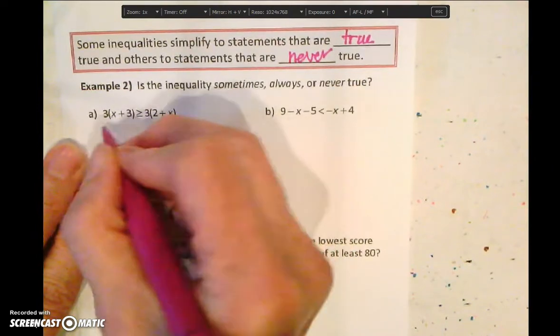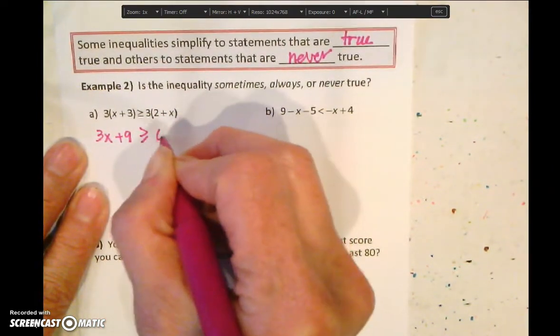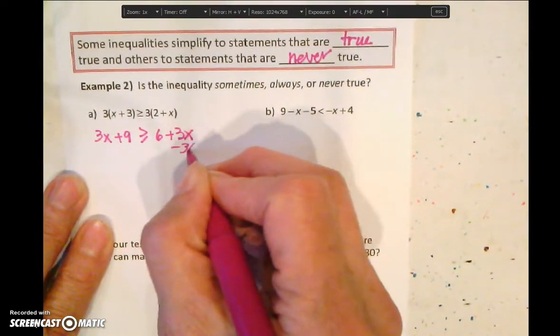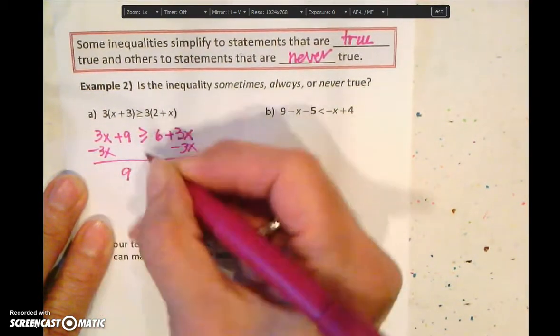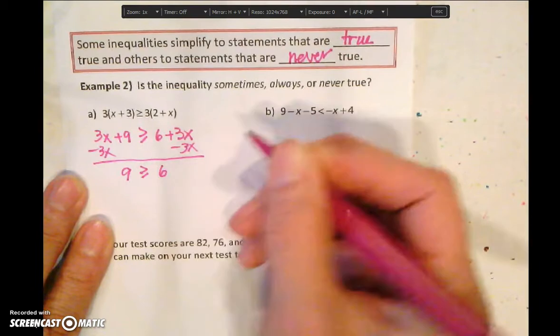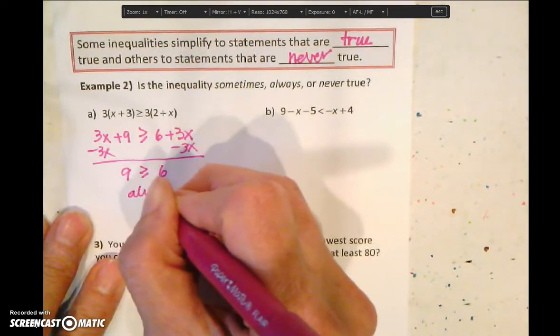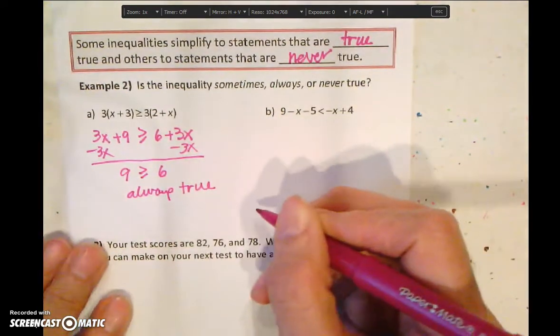So I'm going to distribute: 3x plus 9 is greater than or equal to 6 plus 3x. I'm going to subtract 3x from both sides, and that will leave me that 9 is greater than or equal to 6. Well, 9 is always greater than 6. So we say that that was always true.